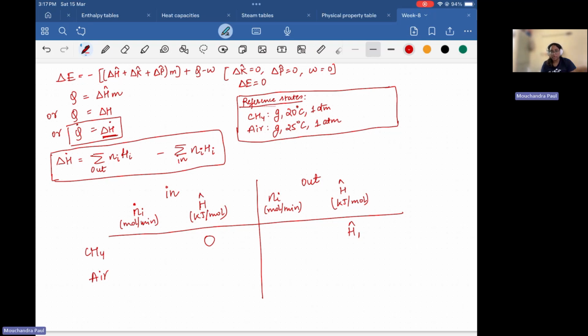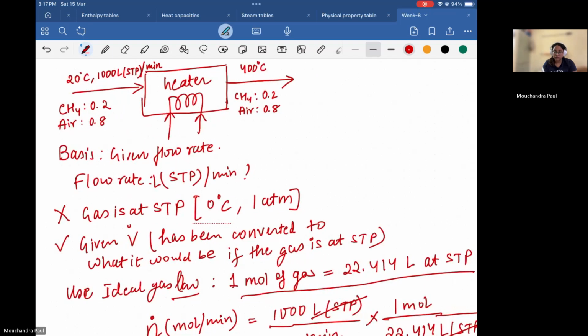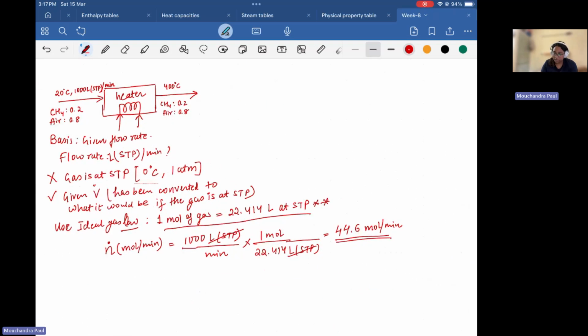How do we determine the molar flow rate? We will use 0.2 and 0.8, the percentages of each species in the gas mixture. The overall in and out molar flow rate is given, so you can calculate here.